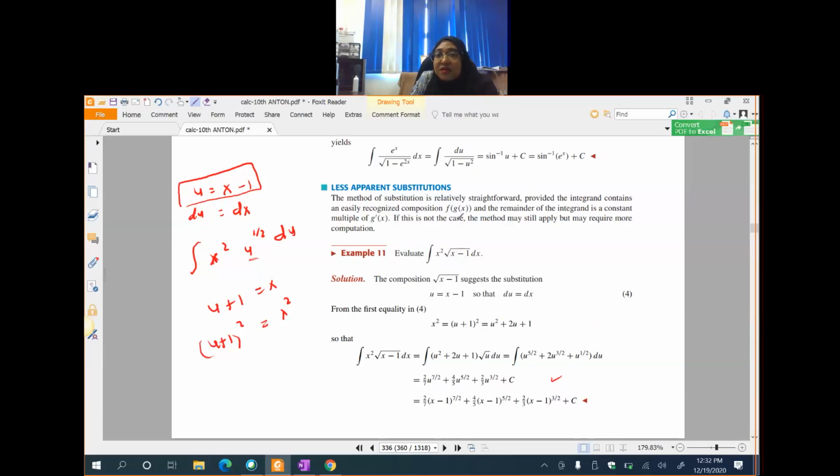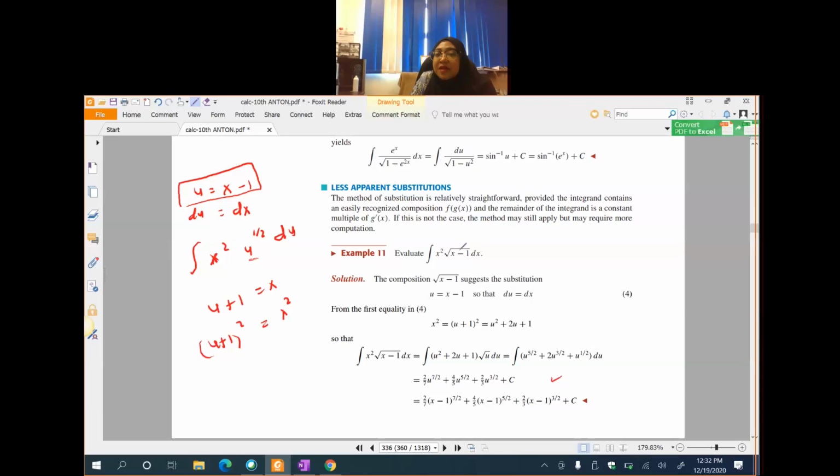But without using substitution, you cannot combine. This one can combine because this part here is just u to the power of 1/2, or there's only one component under the square root sign. There's only one component under the square root or cube root sign. In this case, it is the square root sign. But in this case here, you have x minus 1.